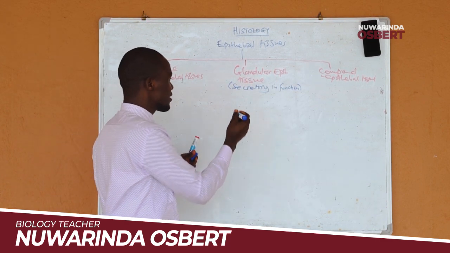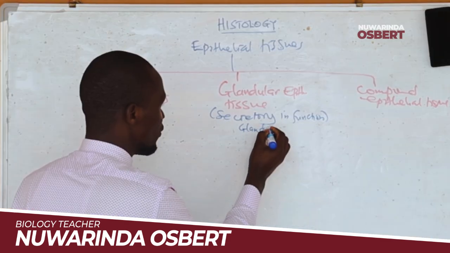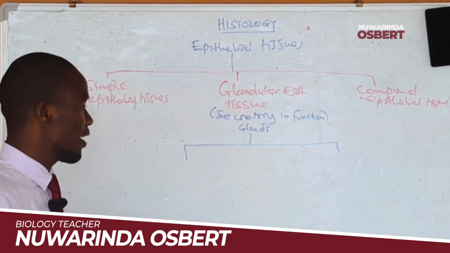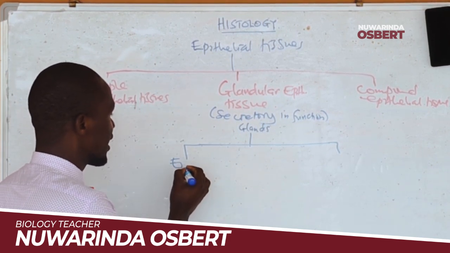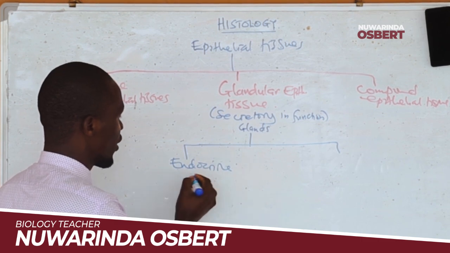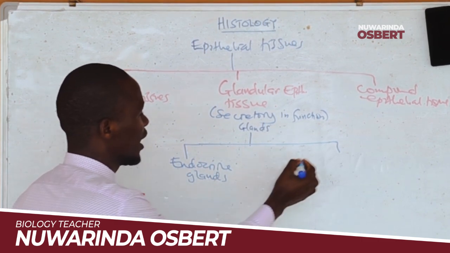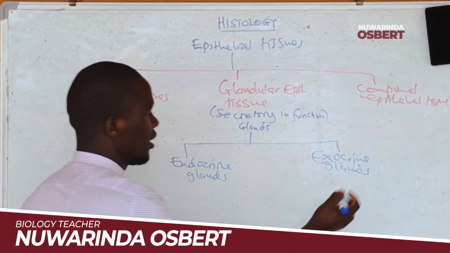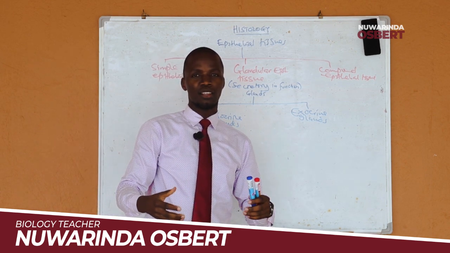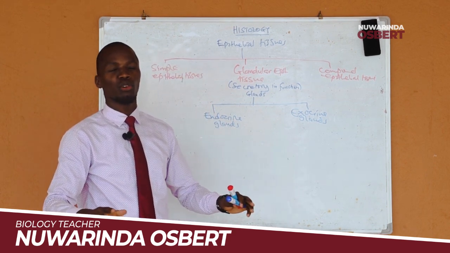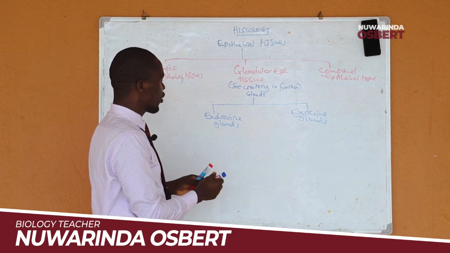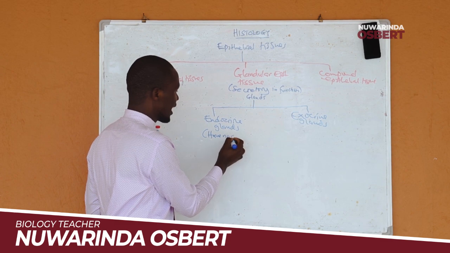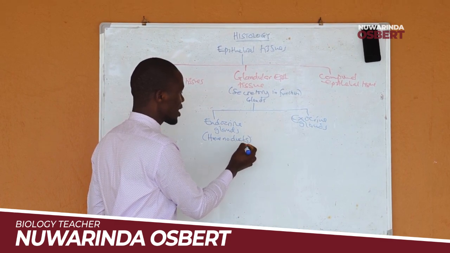When it comes to glands, you know very well that glands are of two major categories: endocrine glands and exocrine glands. The difference between these two, as we remember from ordinary biology, is that endocrine glands are those glands which have no ducts. In other words, they are ductless.